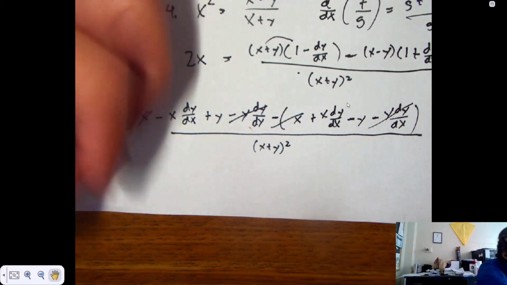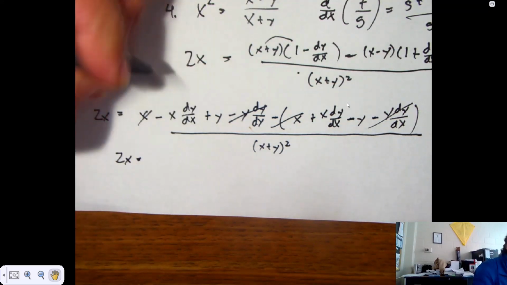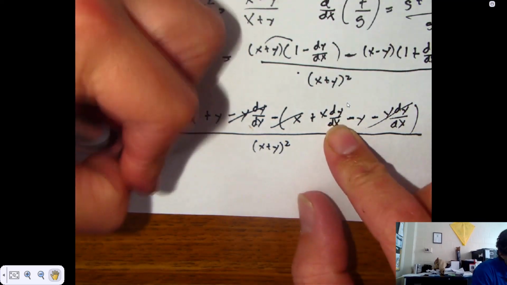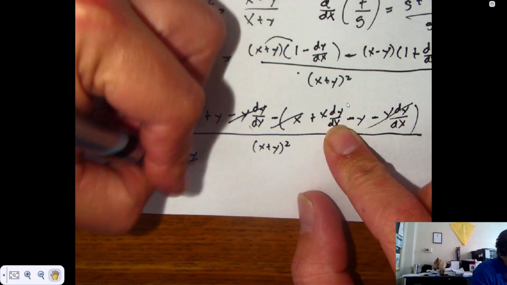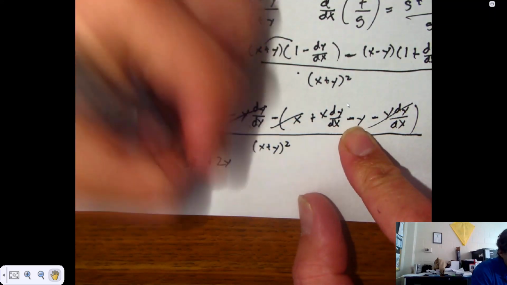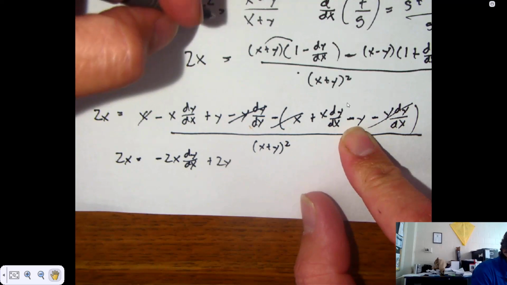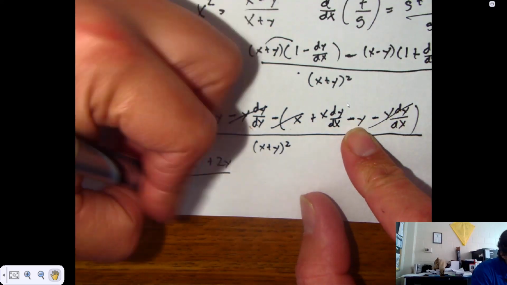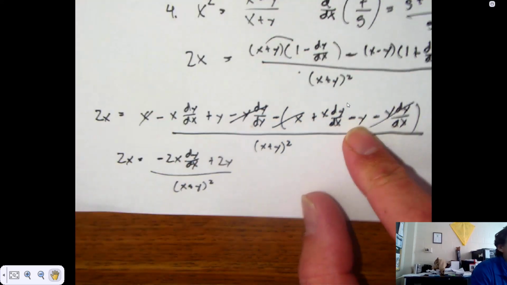Just glancing at it, 2x equals negative 2x dy dx's, plus positive 2y's. Well, that's what I see. I don't see anything else, sitting over x plus y squared.